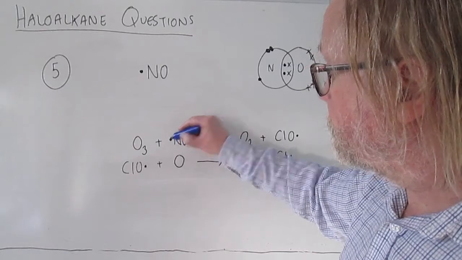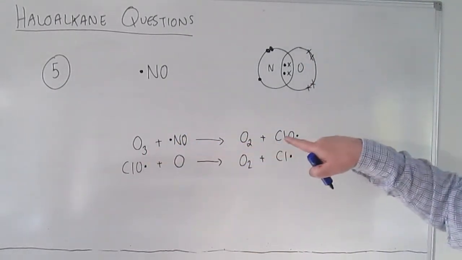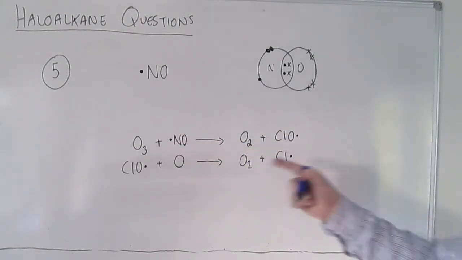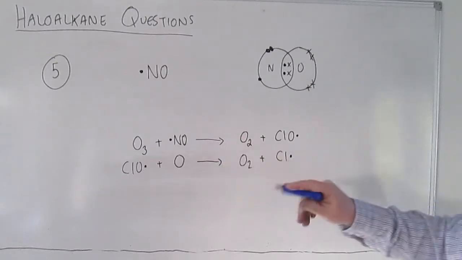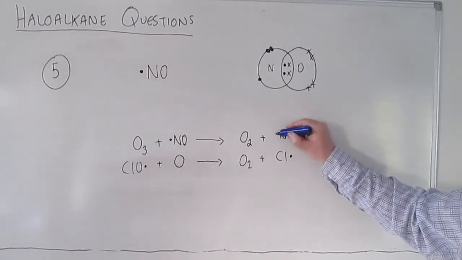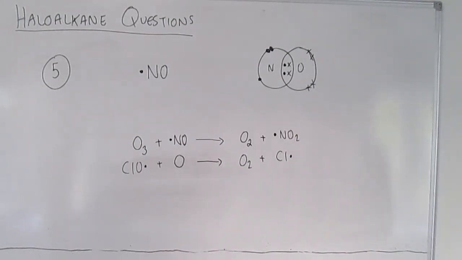Whatever Cl dot does, NO dot does. So here it grabs an oxygen out of there and leaves O2 behind. And what will it become? Well, if it grabs one more oxygen, it'll become NO2 dot, which actually still has an unpaired electron. You can explore that with a dot and cross diagram if you want, or else just learn it.